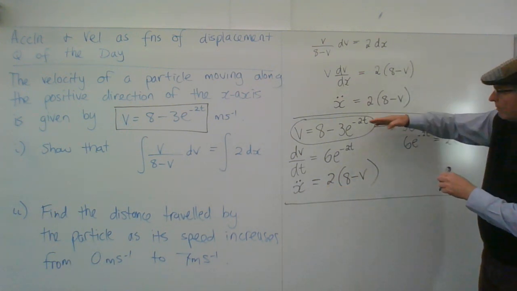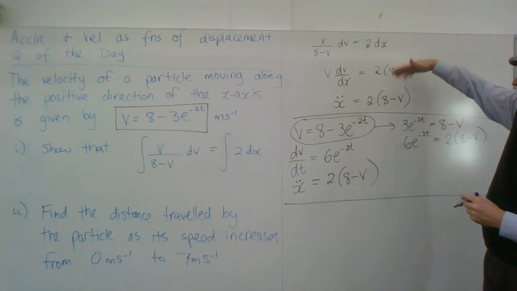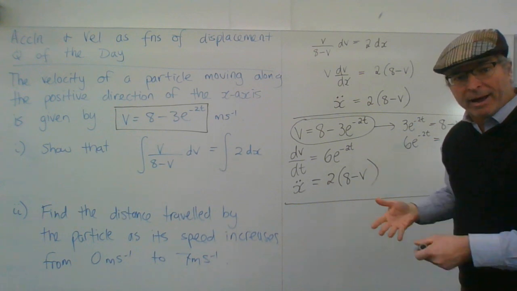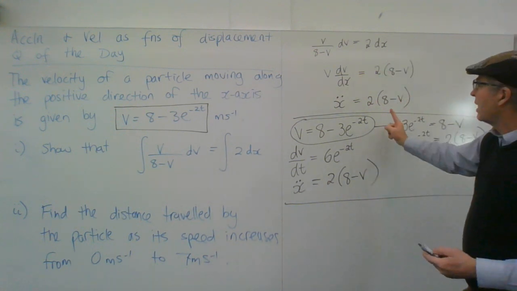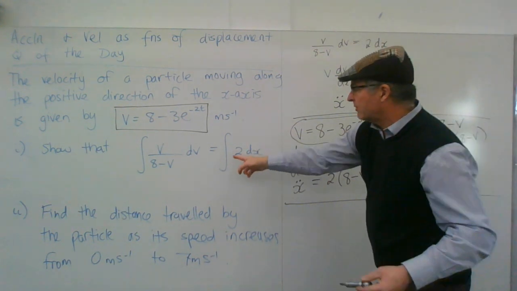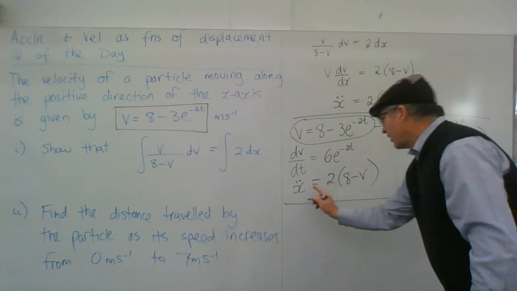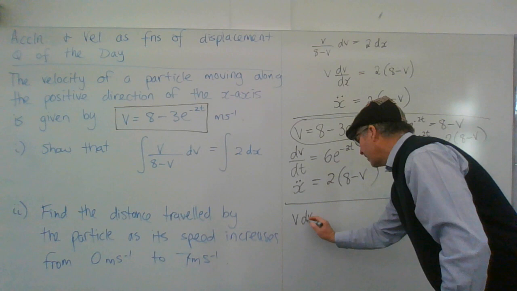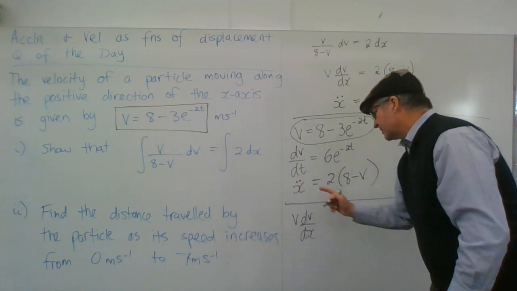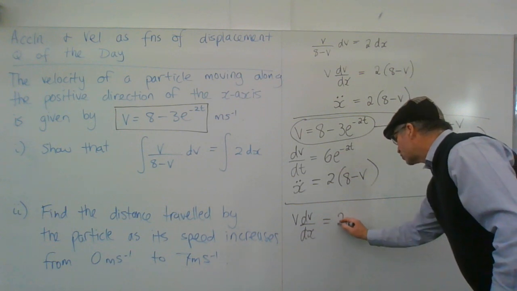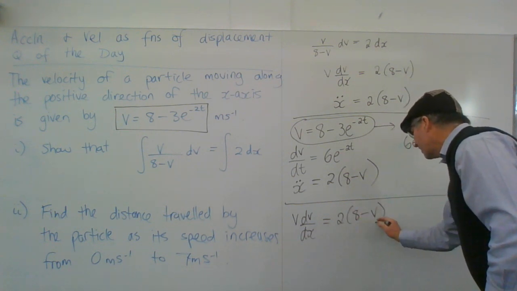So this is really where my answer starts, but I did this bit just to be able to figure out how to go about the question. But now I'm just going to follow that route backwards to get to there. If this is the case, then v dv dx is acceleration, it's one of the forms, is equal to 2 8 minus v.